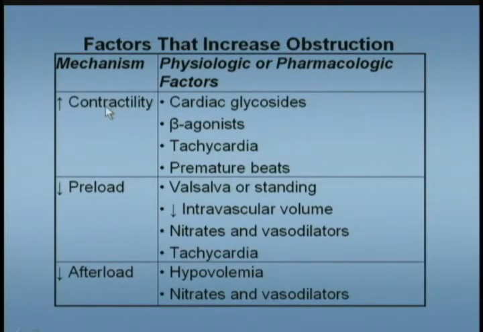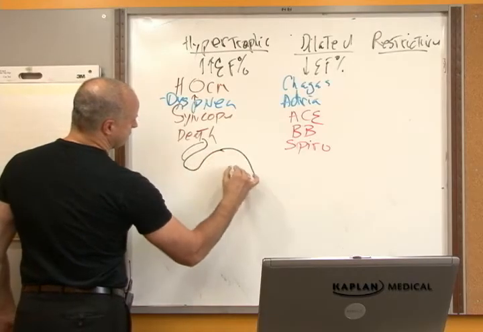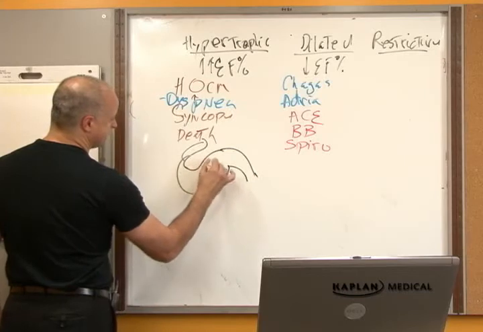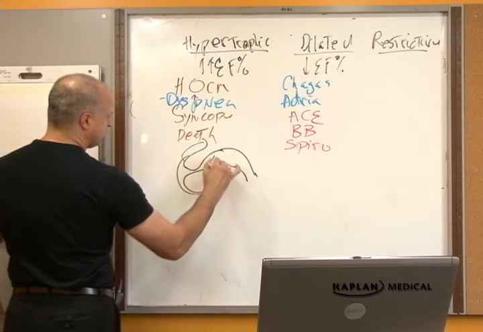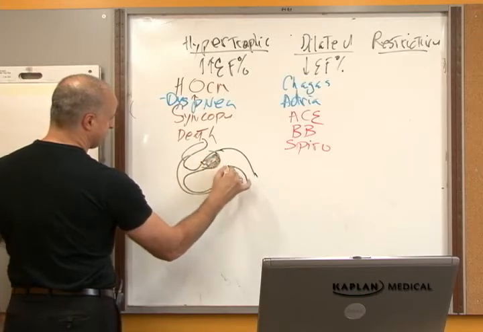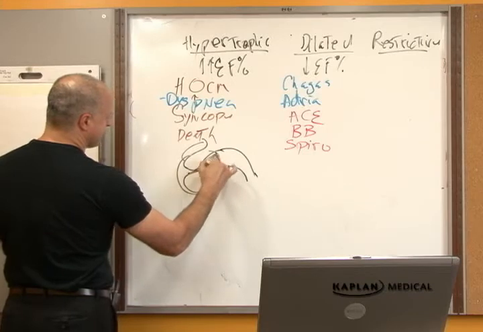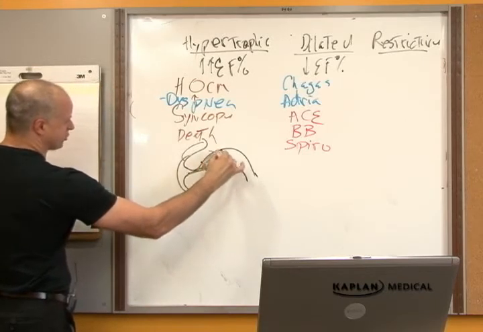When you have beta agonist and tachycardia, the ventricular chamber size gets smaller. See, this is the ventricle trying to empty. This is the extra hypertrophic piece of meat on the side of that ventricle. Asymmetric septal hypertrophy.